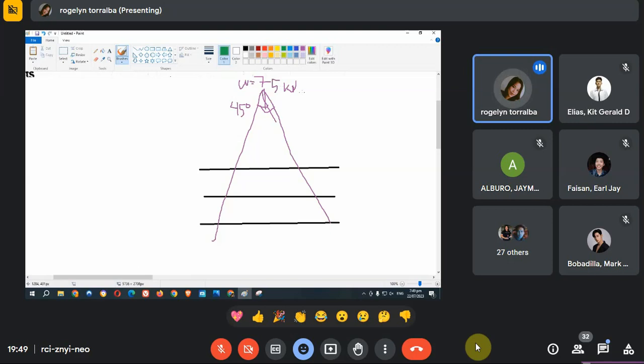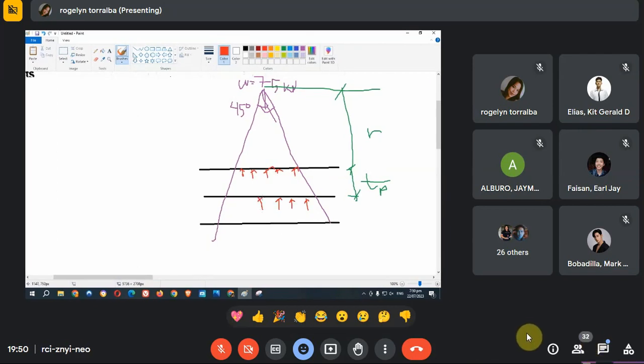So, again, this is the radius of your wheel, diba? This is your thickness of pavement. Okay, so, ako lang yung drawing daan ng stress.